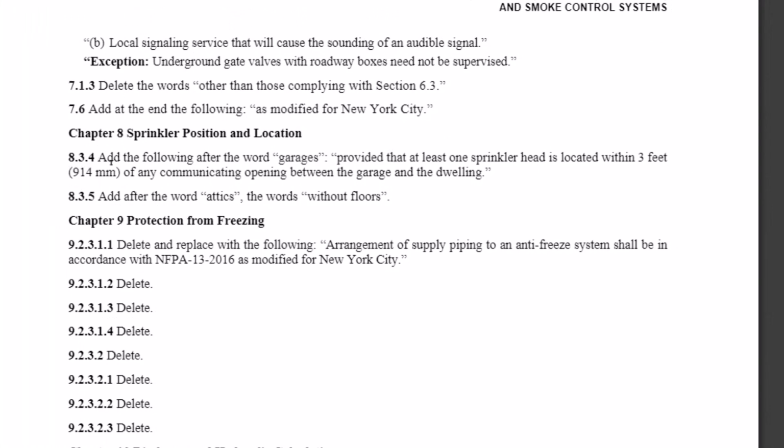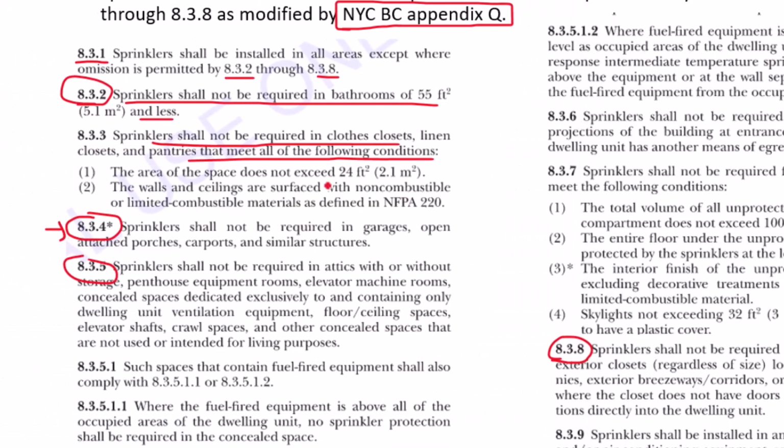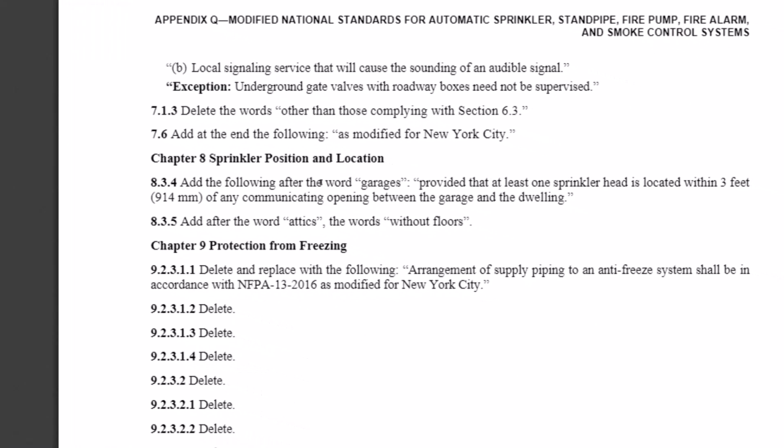So 8.3.4, which is this one here, has been amended to state, add the following after the word garages, provided that at least one sprinkler head is located within 3 feet of any communicating opening between the garage and the dwelling. So that's one amendment.